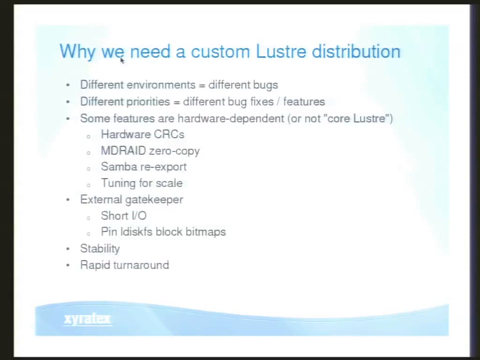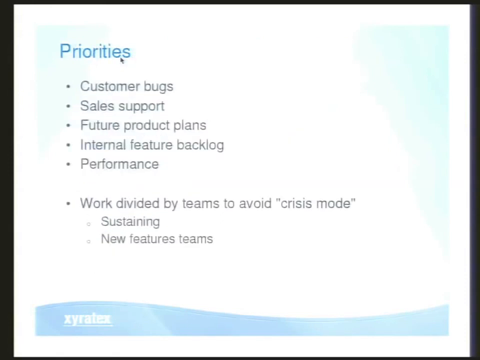A little bit more on priorities and how different organizations prioritize different items. Firstly, the Lustre groups here have different customers, and our customers have their own different bugs. So we each have to prioritize them somehow. We have sales support. Sales may indicate that a customer wants a particular new feature, so we may prioritize that feature for potentially gaining some sales.